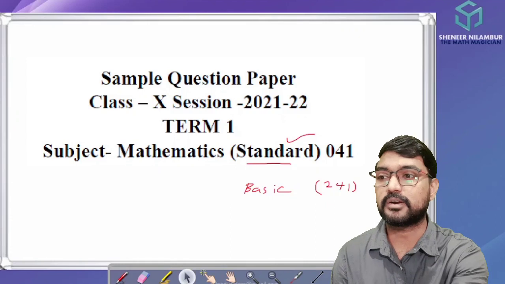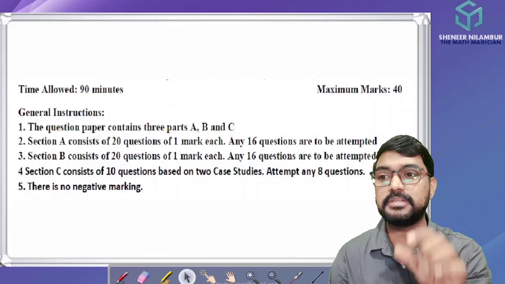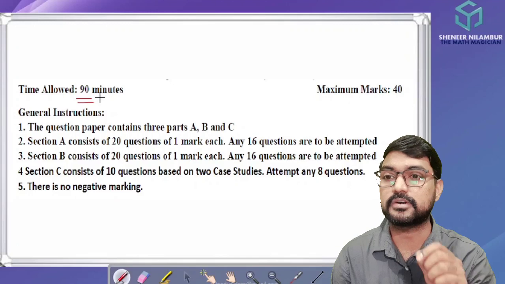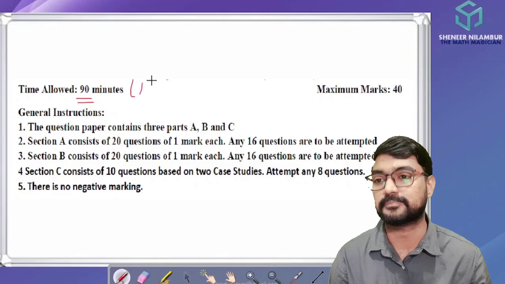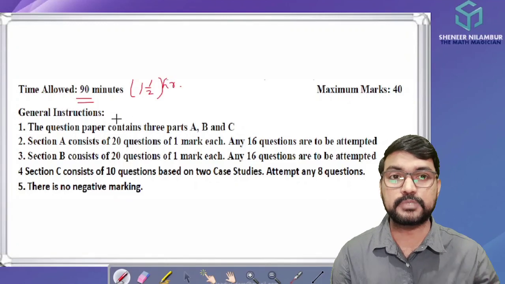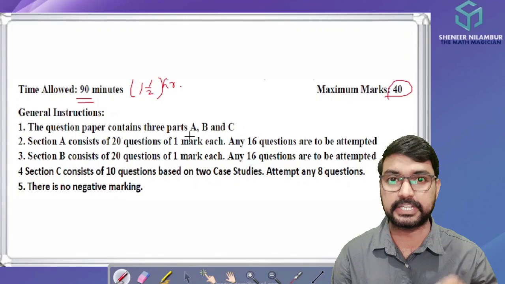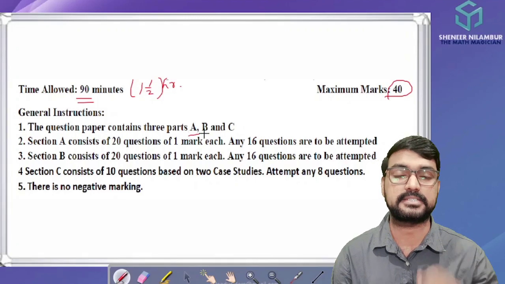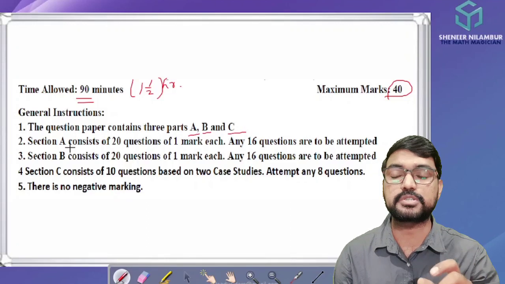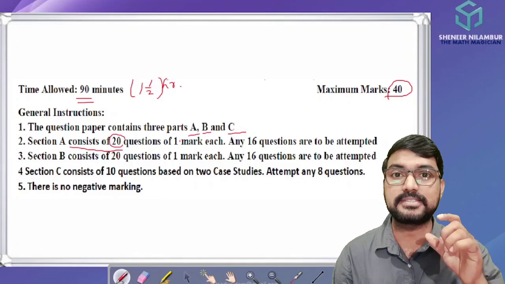Now we can go to the question paper instructions. We have a 90-minute question paper. Our examination is 1.5 hours. Maximum marks 40. This 40 marks is distributed in 3 sections: section A, section B and section C. Section A contains 20 questions of 1 mark, but we have to answer only 16 questions.